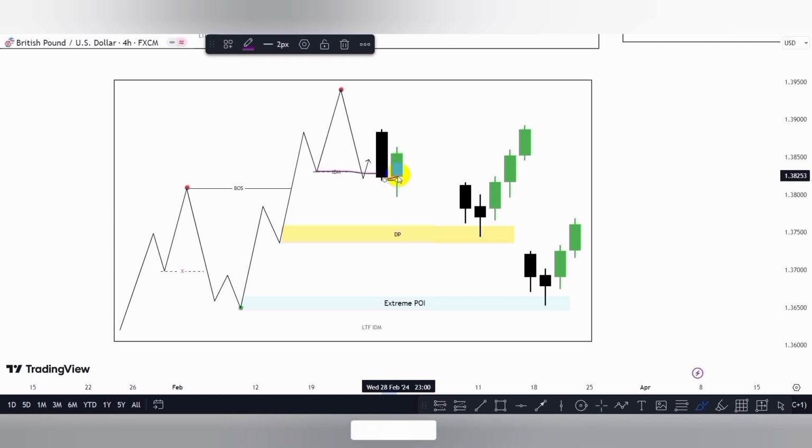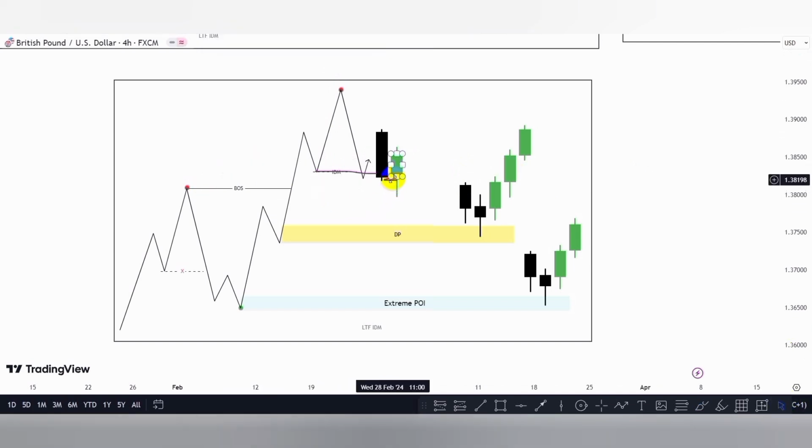So we have actually the break of the inducement level, and then we have price sweep the previous low of the candle that took out the inducement's swing low. So you can see that we do not have really further move of price to the downside. What you're going to see is that the next candle closed above the previous candle's weak low.